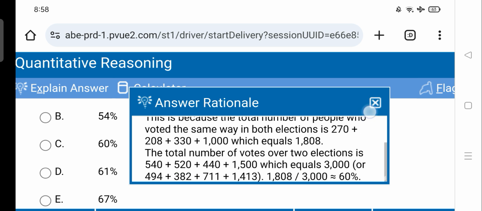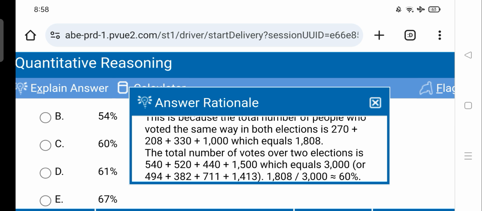The total number of votes over two elections is 540 plus 520 plus 440 plus 1500, which equals 3000, or 494 plus 382 plus 711 plus 1413.